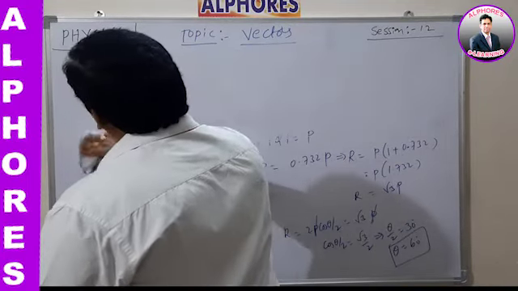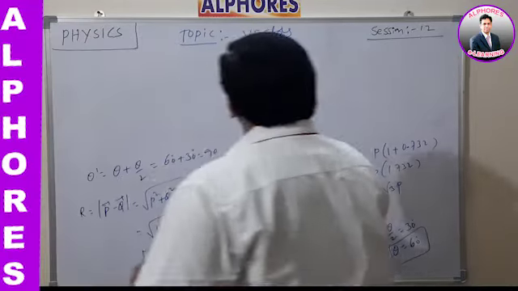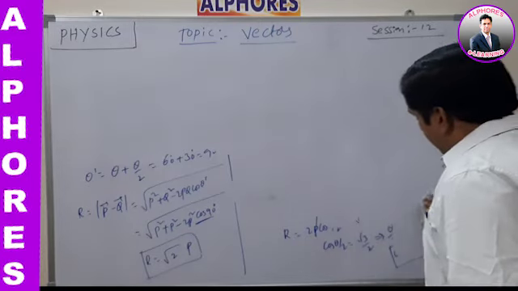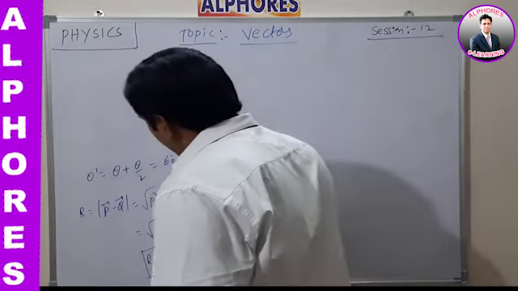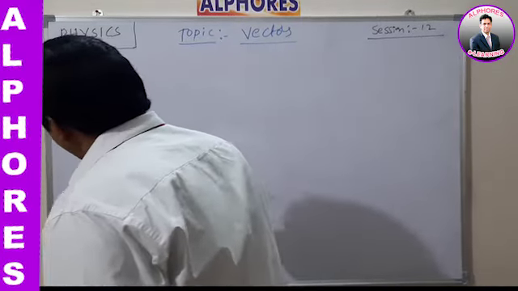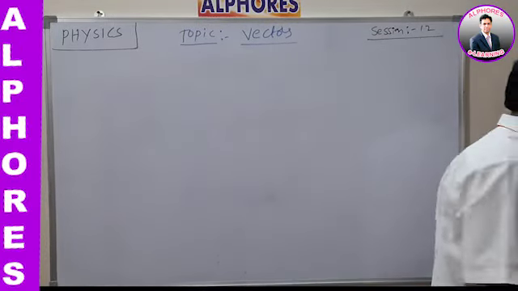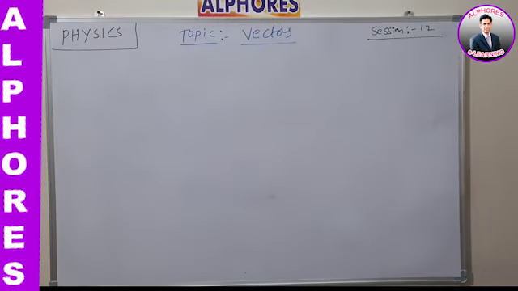The parallelogram law of addition of vectors is very important, and it is similar to the triangle law of addition of vectors and polygon law of addition of vectors. After completing these problems, I will go to the triangle law of addition of vectors. So please write down this problem.